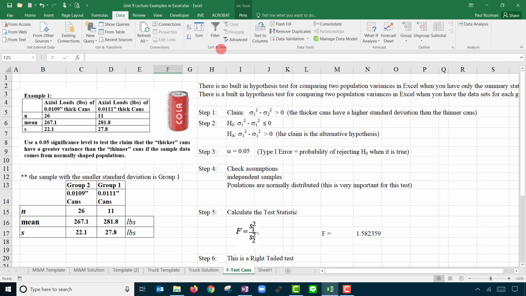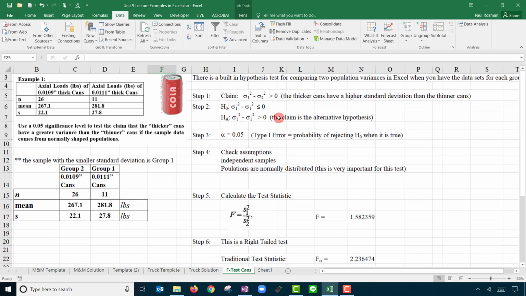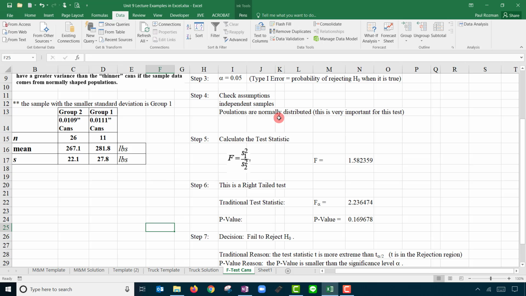So if you don't have the data, then you have to do it old school like we just did, where we calculate f, and then we find our critical value if you're a traditional person. Oh, and there was a right. f.inv.right to find the critical value, which is the value in our table. And here's the p-value where you can find the probability to the right as well.